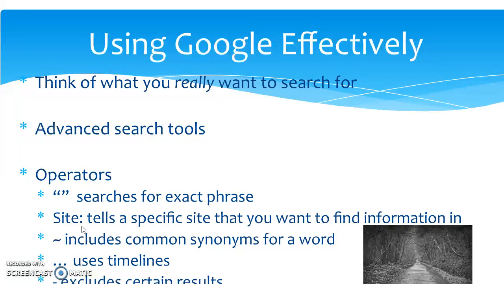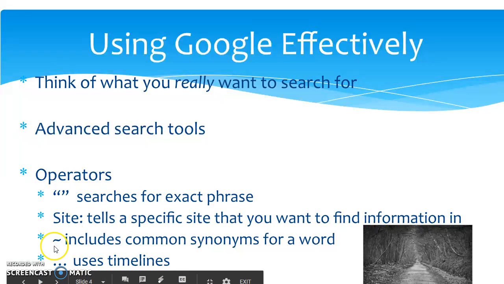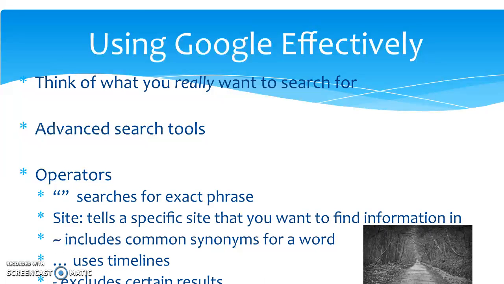Now, another one that you might use, and you've probably never used before, but it's pretty handy, is this little squiggly line thingy right here. I don't know if anybody knows what this is, but this is good trivia. So if you ever get asked this one day in life, this little symbol is actually called a tilde, T-I-L-D-E. What this does is it tells Google to look for common synonyms of words.